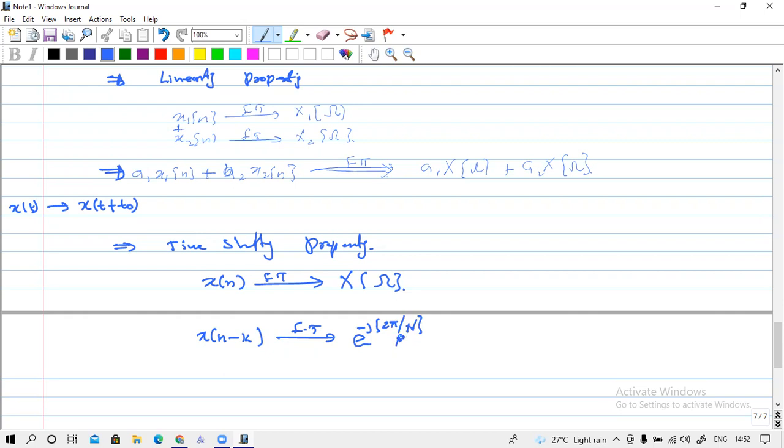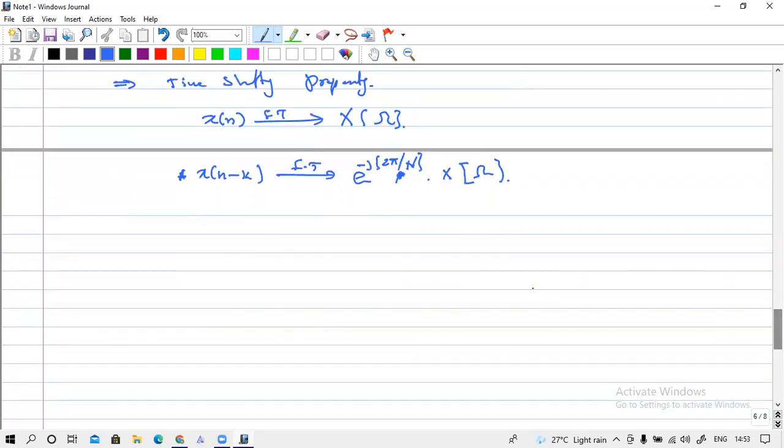I put capital N here, but don't worry about it at this time, I will tell you why I put N here. The result is times X of omega. So for the time shifting property we will have it like this. Up to this level you should just keep it in memory.